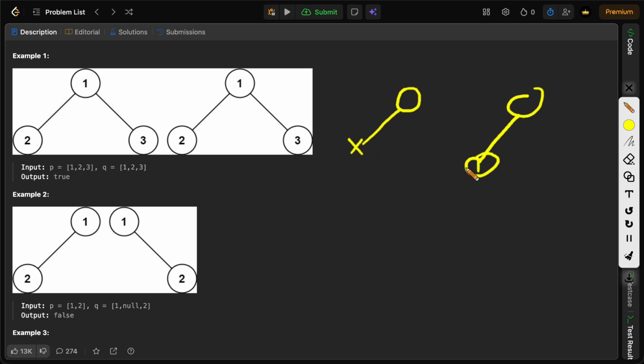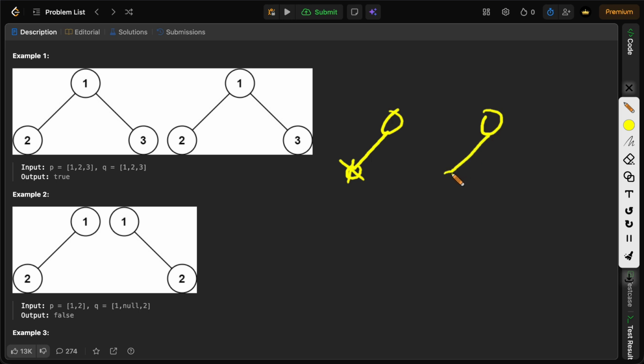Null is not equal to a value, so our boolean value will return false. But if here is null, and in the second tree here is also null, then both are equal.